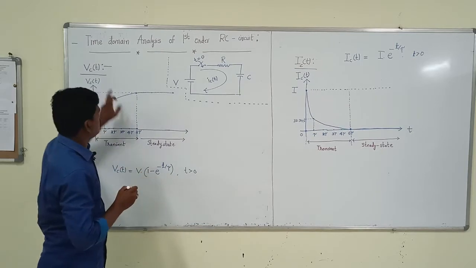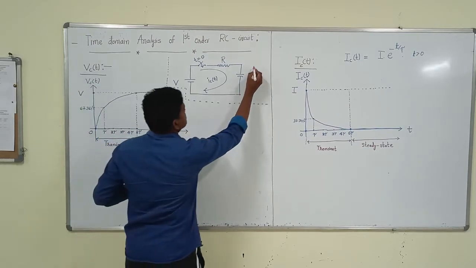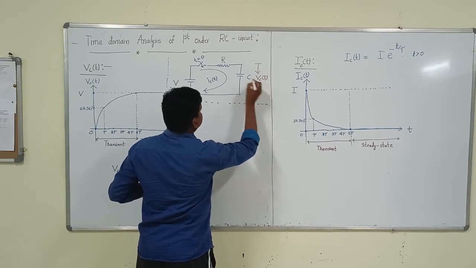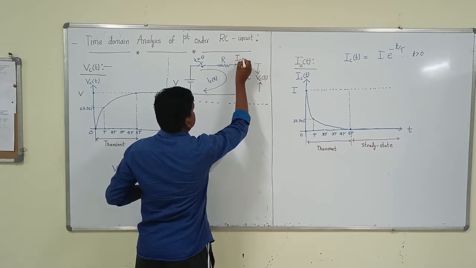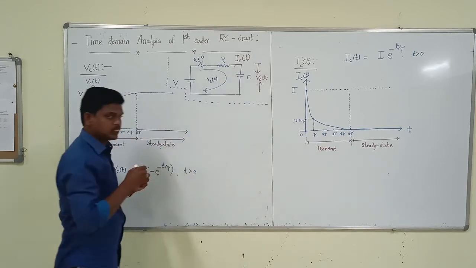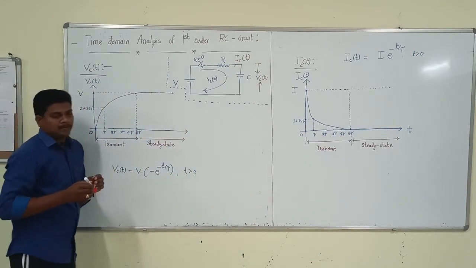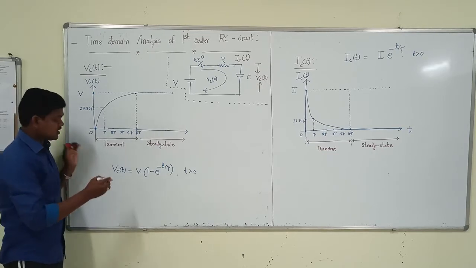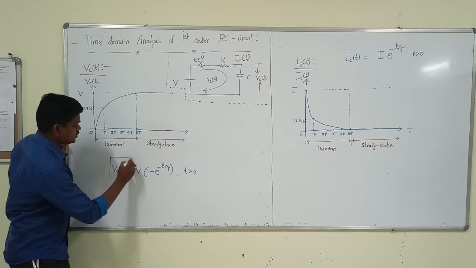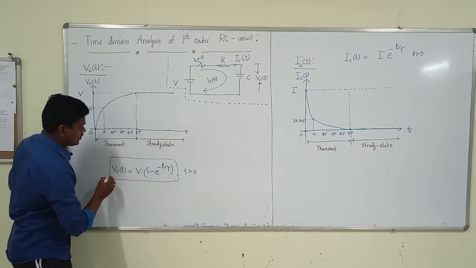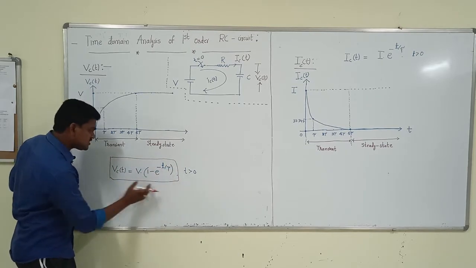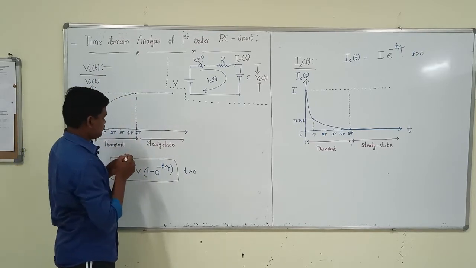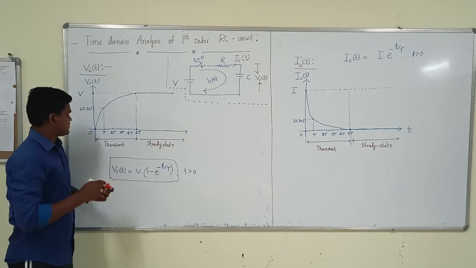Vc of t means the voltage across the capacitor, and Ic of t means the current through the capacitor. Those are simple. By solving the equations, we found the two formulas. Vc of t equal to V into 1 minus e power minus t by tau. Using the formula, we will draw this waveform. First we will discuss Vc of t.